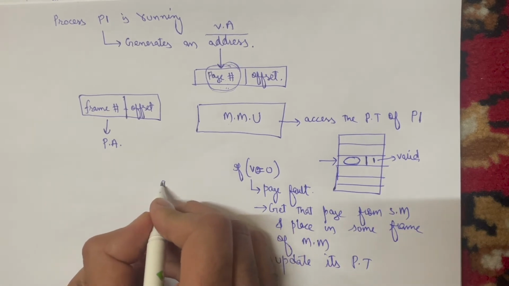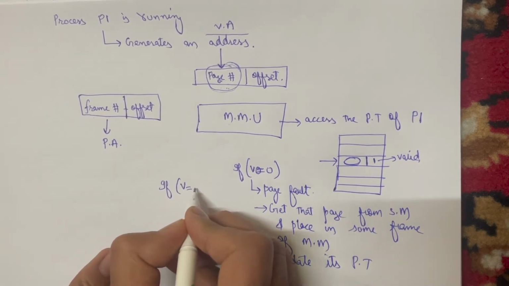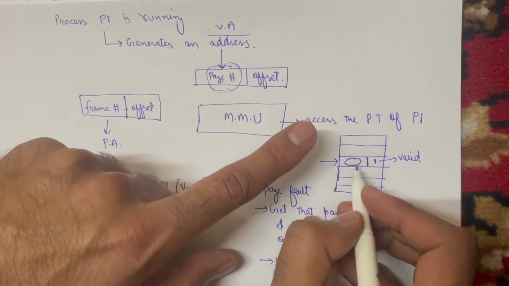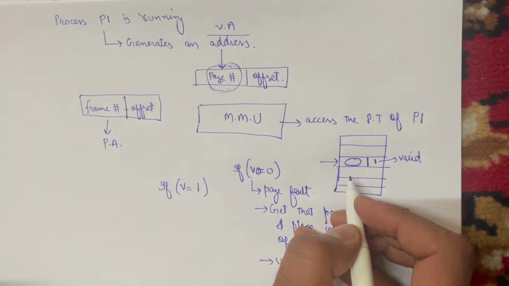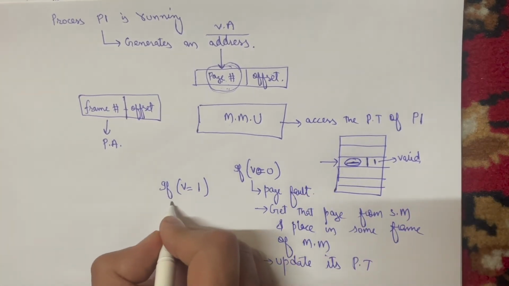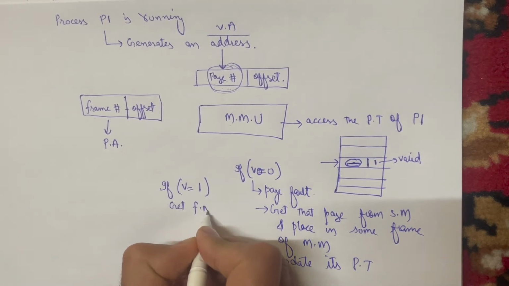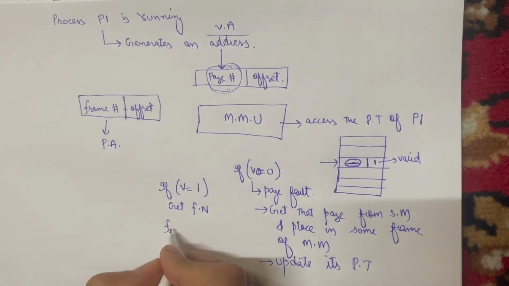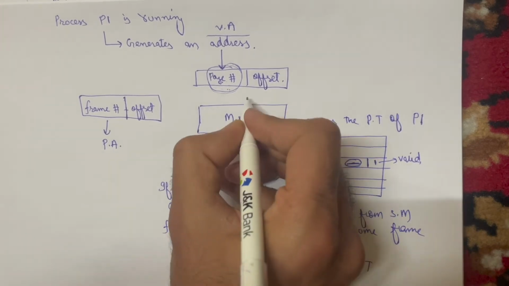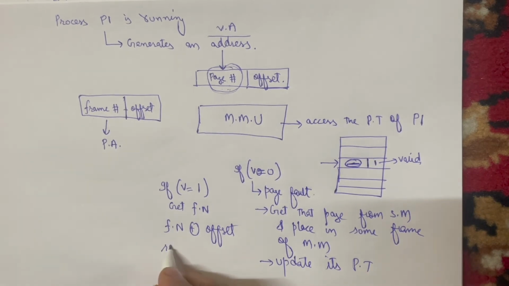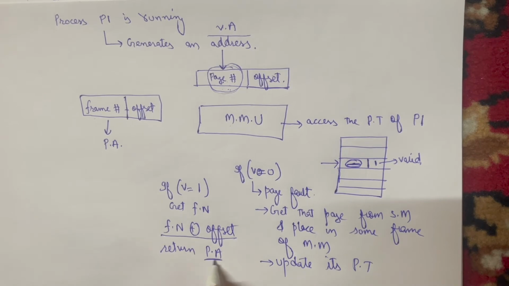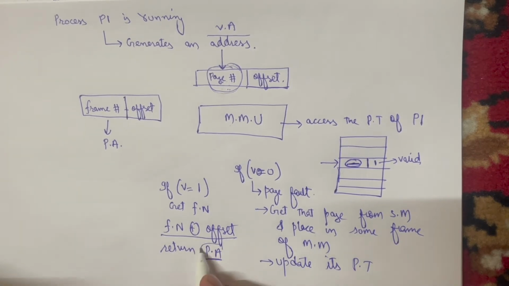Now if the valid bit is 1, it means that yes, this entry is valid, so this page is placed in some frame, and from this we will get that particular frame number. Then we will concatenate to this frame number the offset from here, and this will be our physical address.